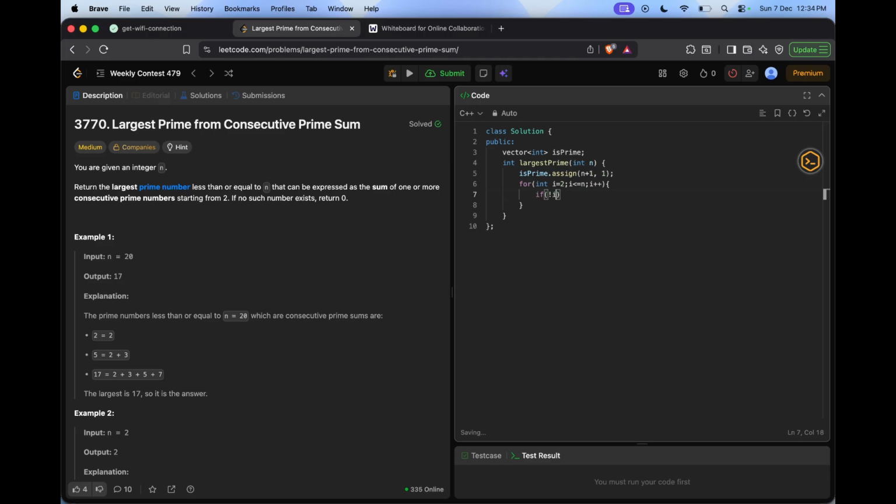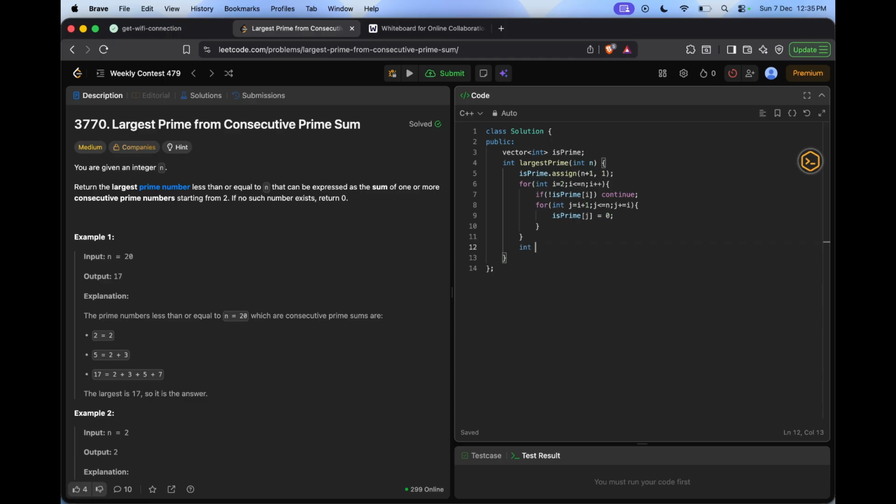If this i itself is not prime, then continue. Else iterate to all its multiples, a plus equal to i, and say that it is not a prime number.